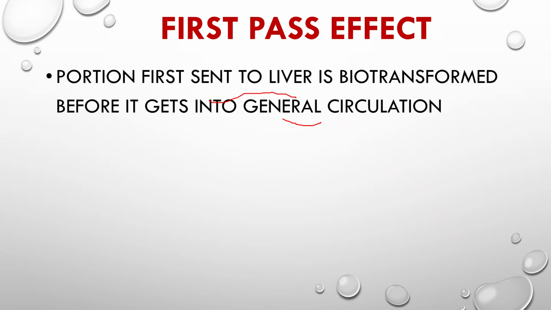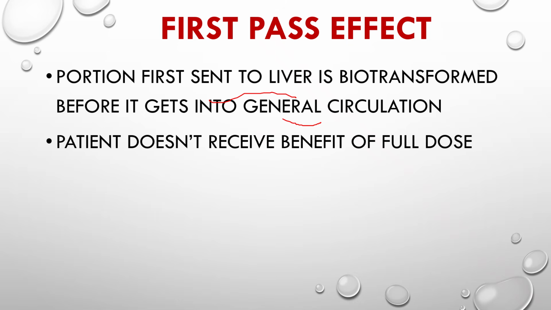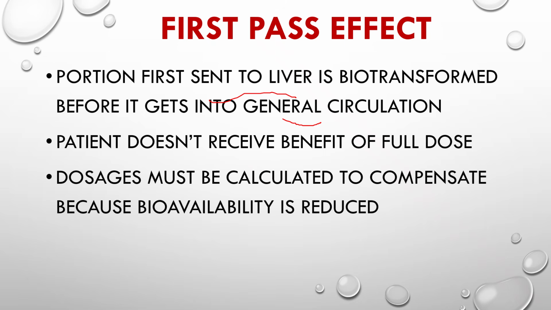It's going to get metabolized before it ever gets to the main circulatory system. So again, the patient doesn't receive the full dose. The bioavailability is going to be much, much less because of that metabolism so soon after being absorbed from the gut. So again, that dosage has to be calculated to compensate for how much that bioavailability is reduced.